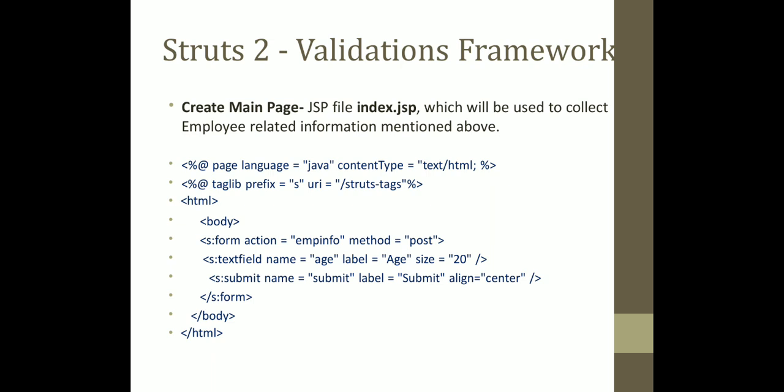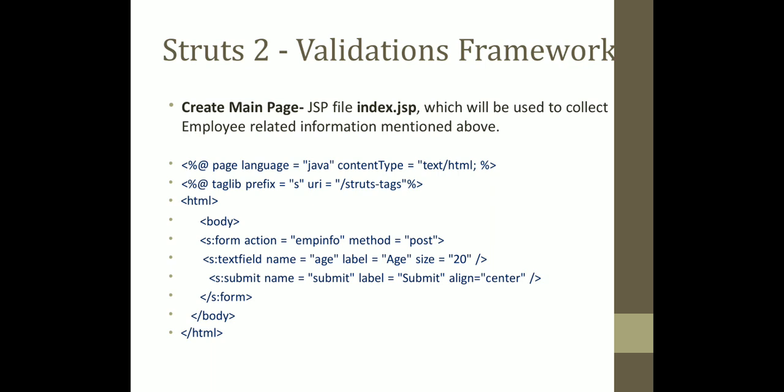Then creating the main page. So the JSP file index.jsp will be used to collect the employee related information mentioned above. How it is used, we can see in the body tag: we have used s:form with action equals employee info and method equals post. Then the text field name is age, the label is age, and size is 20.